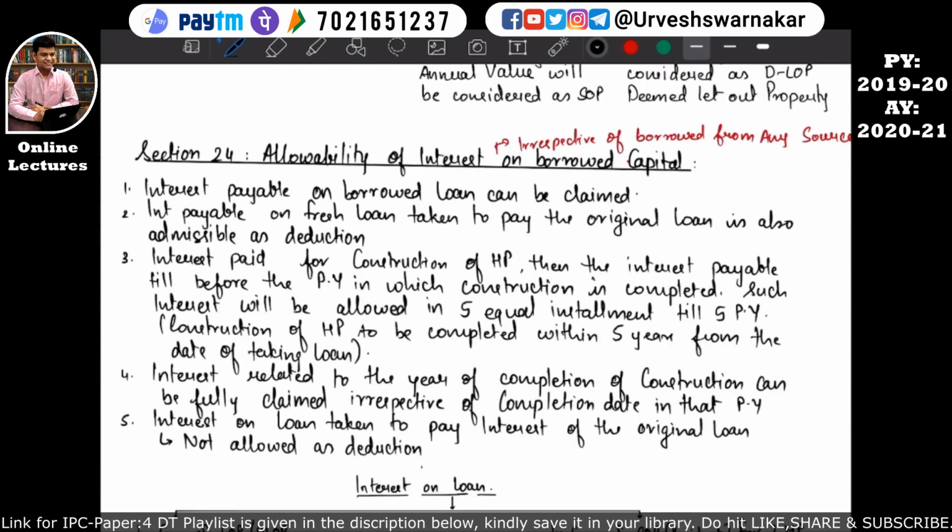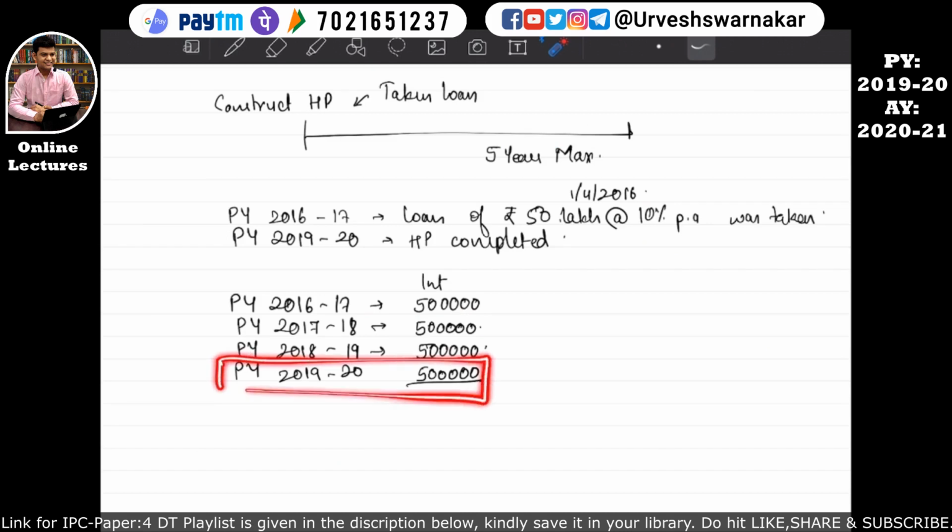So what point number 3 is saying is that the interest payable till before the previous year in which construction is completed will be clubbed. That means the total of these 3 years, which comes to 15 lakhs.